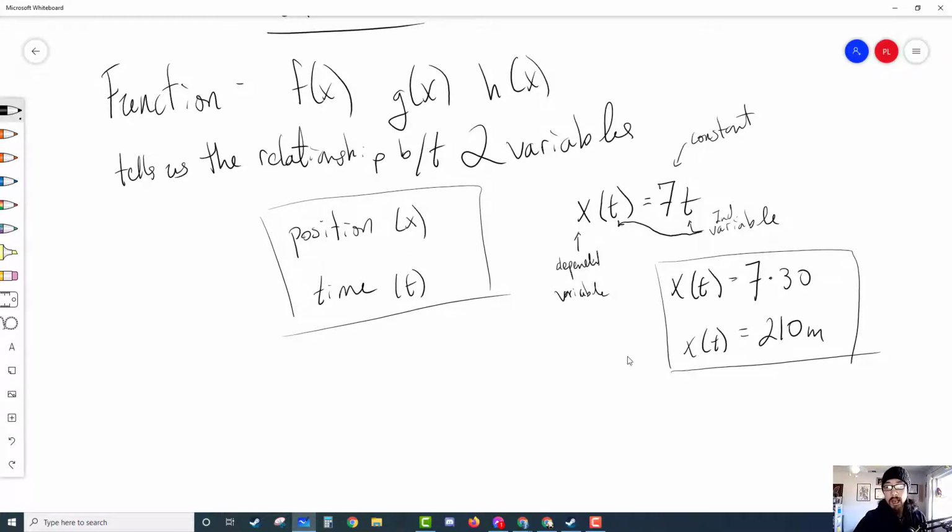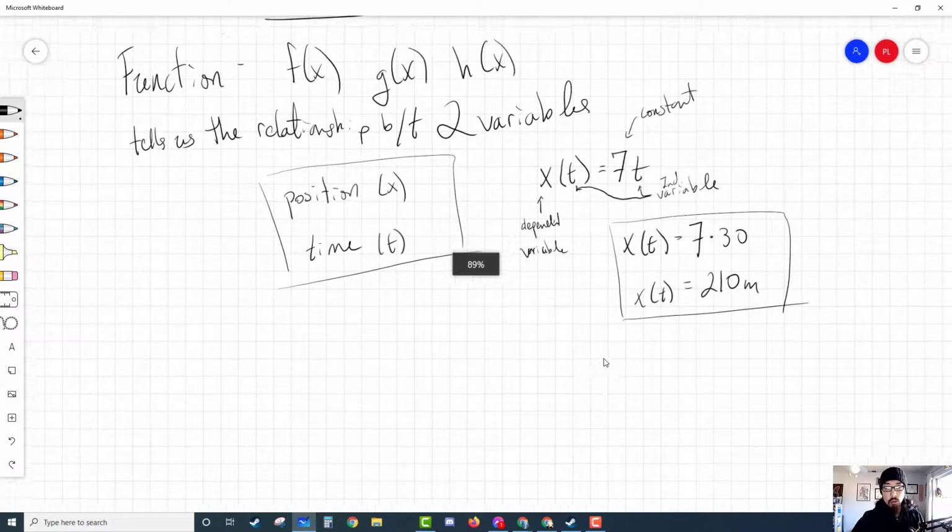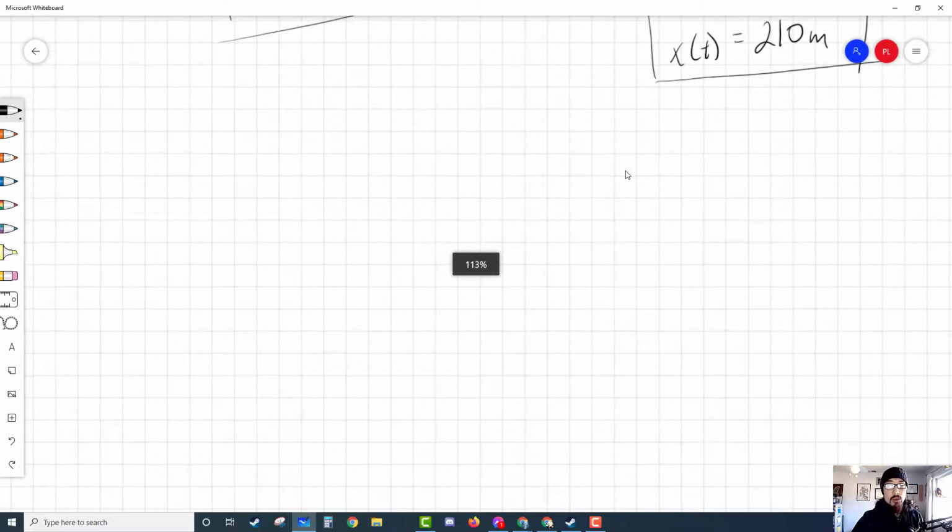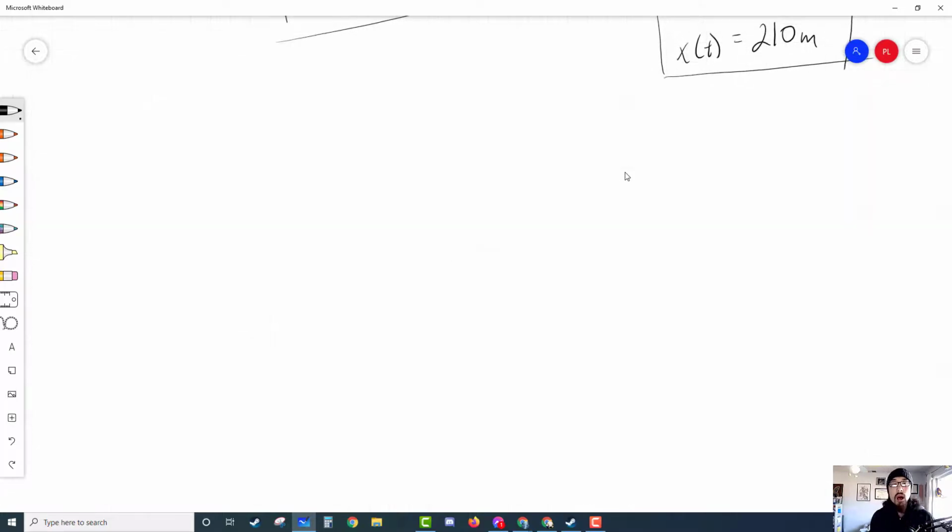All right, now for the actual derivative portion. So there are going to be two rules that we're going to cover. One is called the power rule and one is called the constant rule. I want to go over the constant rule first because I think it's just the simplest rule.